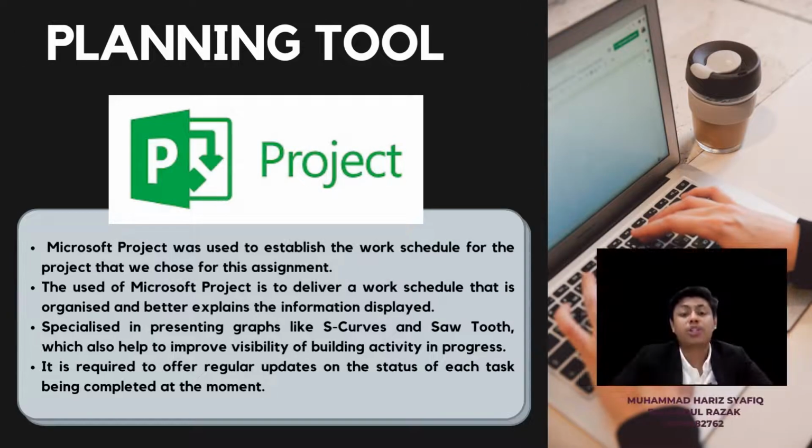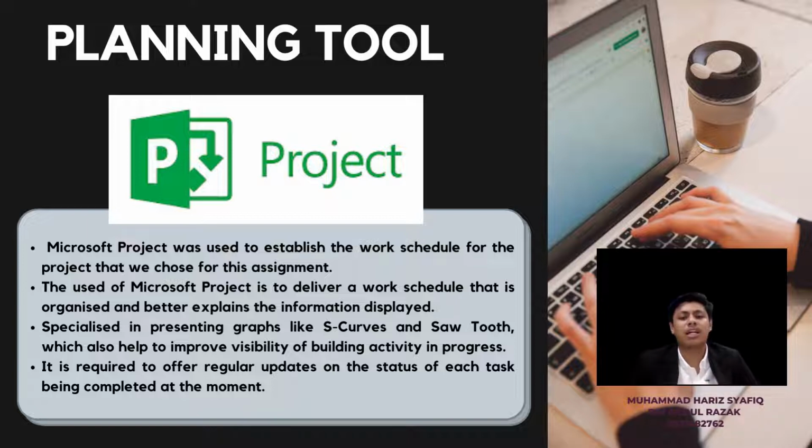Thank you, Arshad. So now, I'm gonna talk about the planning tools that we use for our case study project. The Microsoft Project was used to establish the work schedule for the project that we choose for this assignment. The use of Microsoft Project is to deliver a work schedule that is organized and better explain the information displayed.